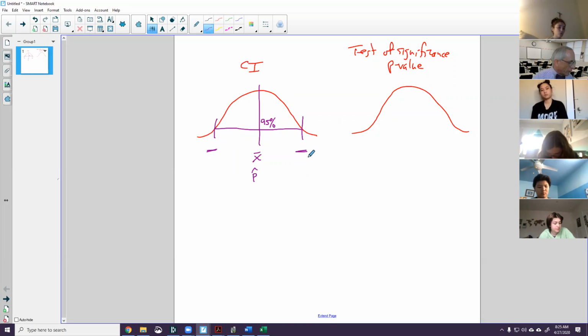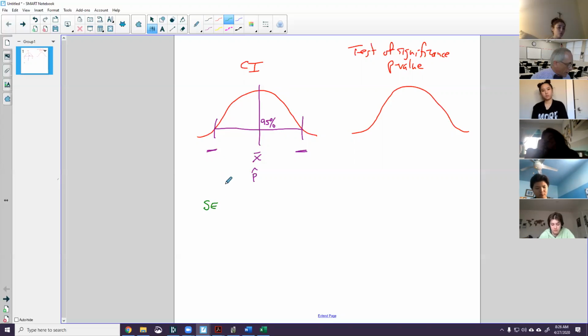There are a couple of things I need to do to be able to calculate that. One thing I need is to find the standard error, which is the same thing as our standard deviation, except it deals with the information that we actually have from our statistic. That's where I can draw the lines and then figure out what my z-scores or t-scores are.